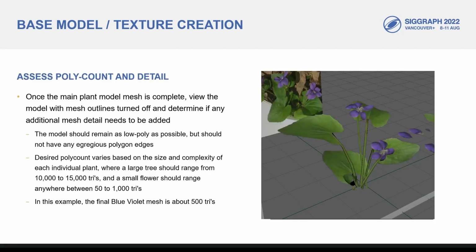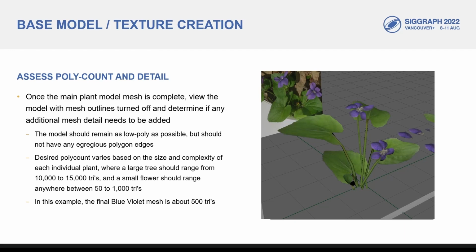Once we have this model complete, it's important to just one more time assess the poly count and level of detail that we have in all of the individual parts. We want to view the mesh with no outlines on and see where we see really noticeable polygons. We don't want anything egregious, anything super noticeable, but we do want to still remain low poly.